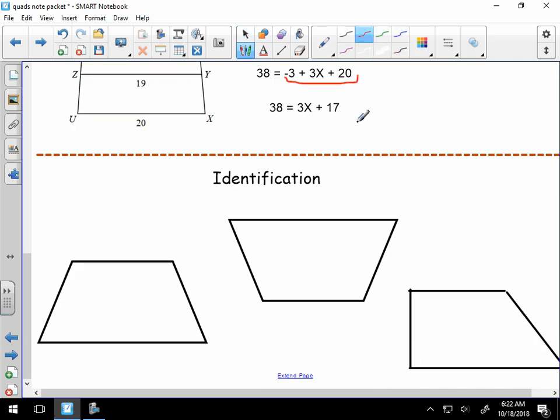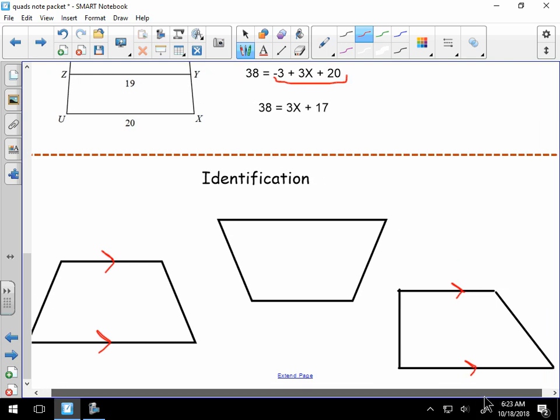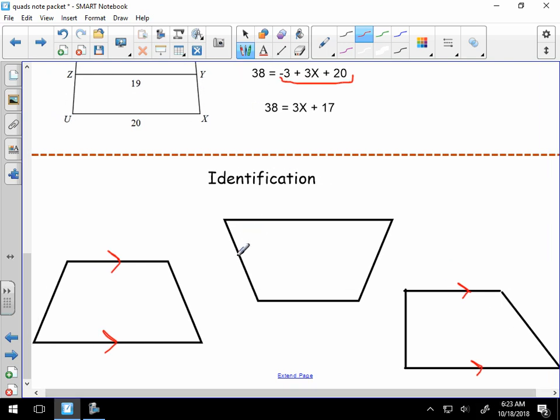Alright, so just real quick, how can they identify trapezoids? One, if they show you a picture like this, just 2 parallel lines, you know it's a trapezoid. And that's the same over here. This is a non-isosceles trapezoid. Okay, another way they could show you it's an isosceles trapezoid is if they put markings on each side telling you it's isosceles.